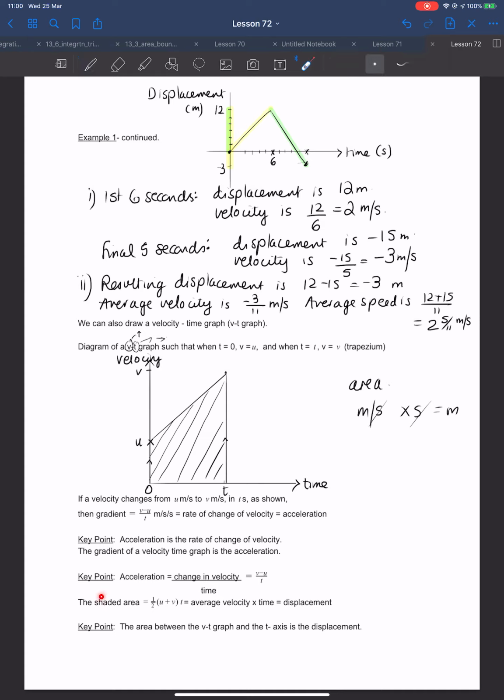And the shaded area is the area of a trapezium, half u plus v times t. So it's half of this height, which is u, and that height, which is v, times t, which is this distance across the bottom here. So it's the average velocity, half of u plus v, times time, which is the displacement. And the area between the velocity time graph and the time axis is the displacement.